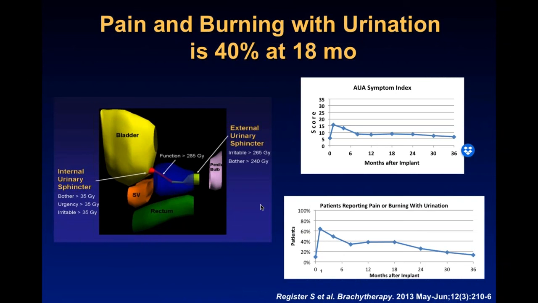So in order to maintain optimized function, we need to monitor the internal urinary sphincter and keep the high doses of radiation and the heterogeneity off of that urethra. So this provided us some information and data that would suggest that we could improve further patients' urinary outcomes by minimizing dose to this external urinary sphincter.